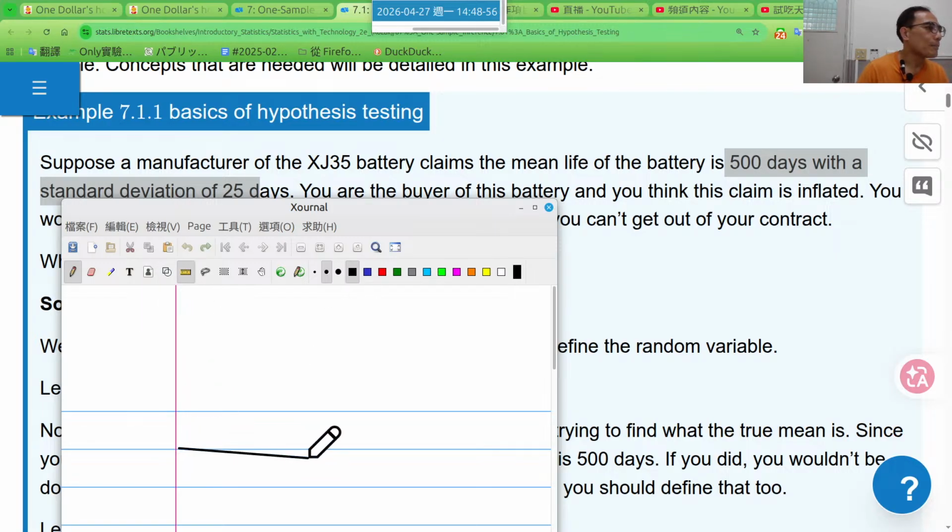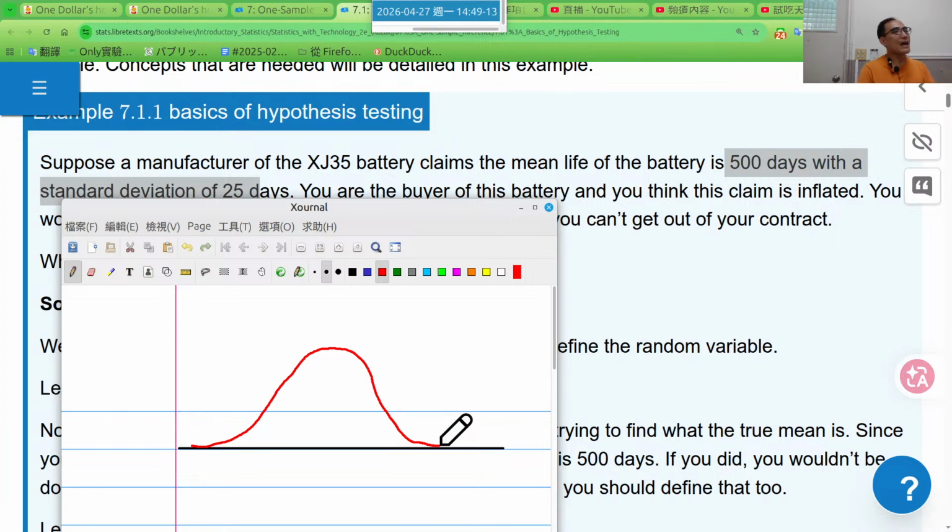I have a baseline here, and I have a bell-shaped distribution like this one.